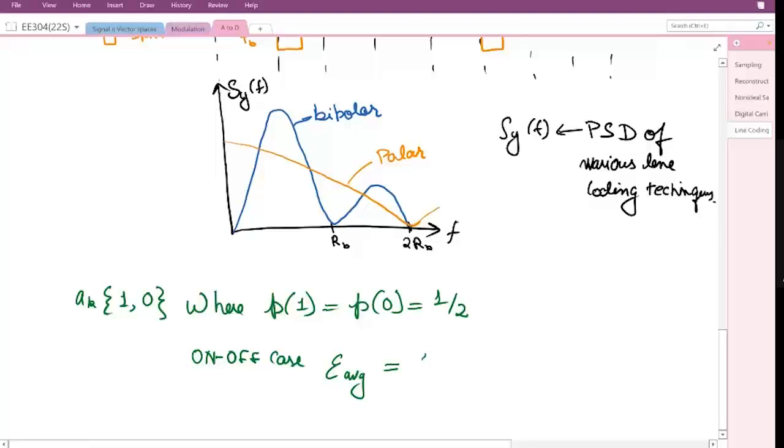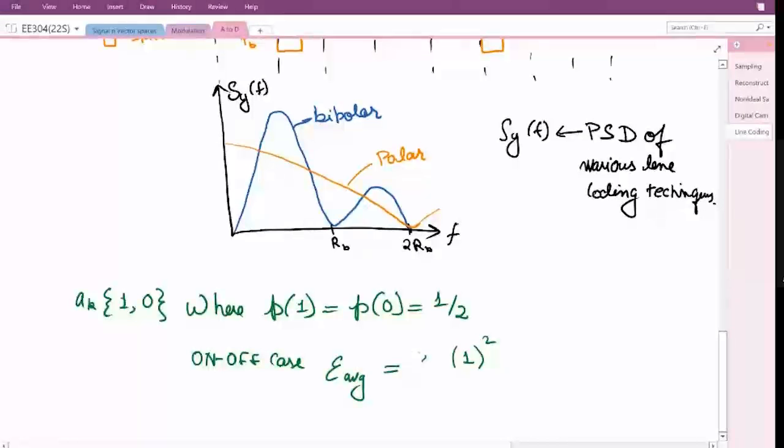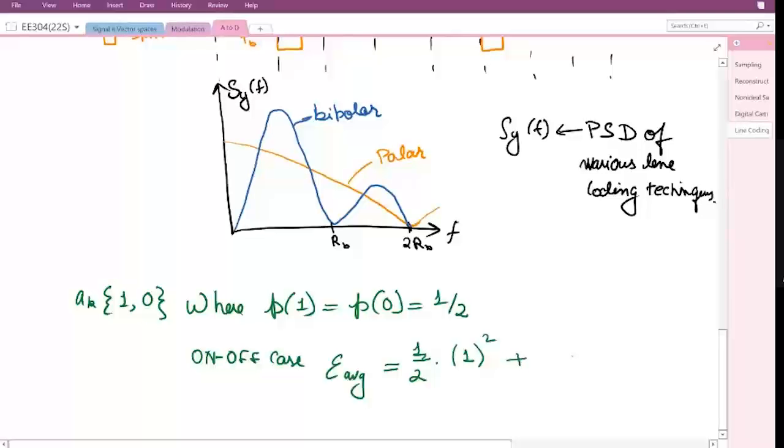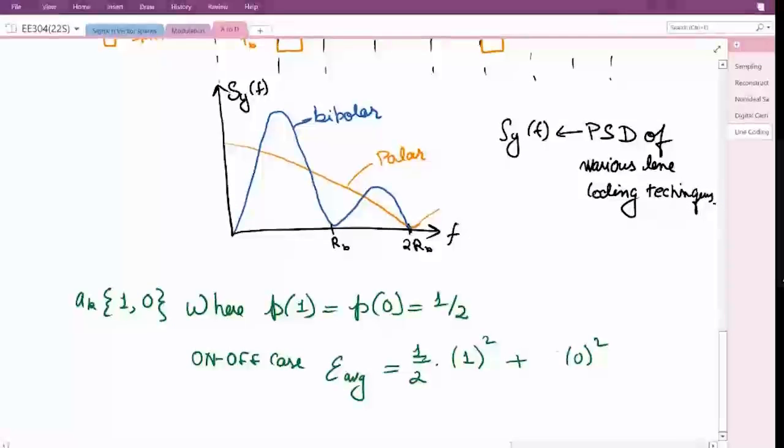Whatever value it is taking in the interval, the way in which we can write it is that the value taken for 1 is 1 square times its probability, 1 by 2, plus the value taken by the 0 bit, which is 0 square, times its probability 1 upon 2.